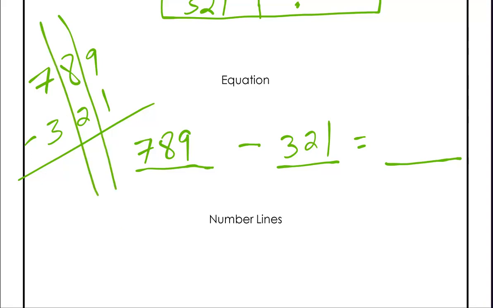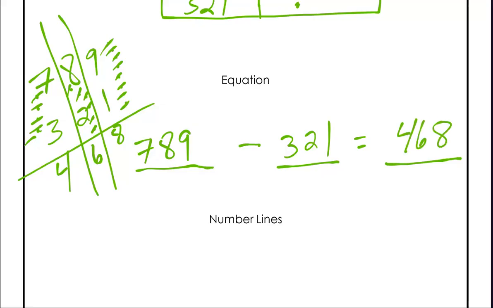Remember, you don't actually have to subtract. You can add, so count up. 1, 2, 3, 4, 5, 6, 7, 8, 9. 1, 2, 3, 4, 5, 6, 7, 8. 8 minus 2: 2, 3, 4, 5, 6, 7, 8. 1, 2, 3, 4, 5, 6. 7 minus 3: 3, 4, 5, 6, 7. 1, 2, 3, 4. 468.